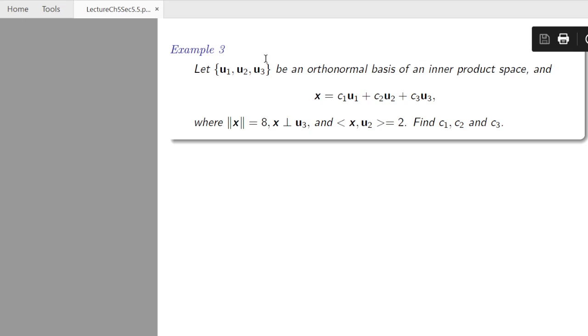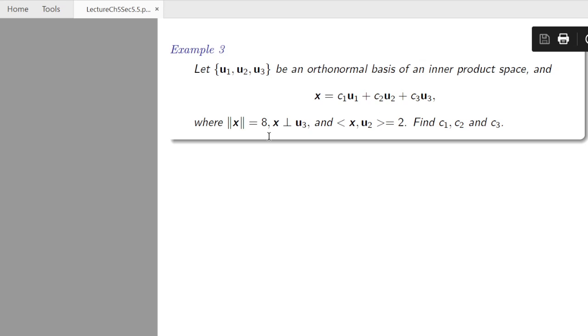Example 3. We assume u1, u2, and u3 form an orthonormal basis for an inner product space. And here we have a vector x. This vector x belongs to the inner product space, and it has this representation in terms of the orthonormal basis.